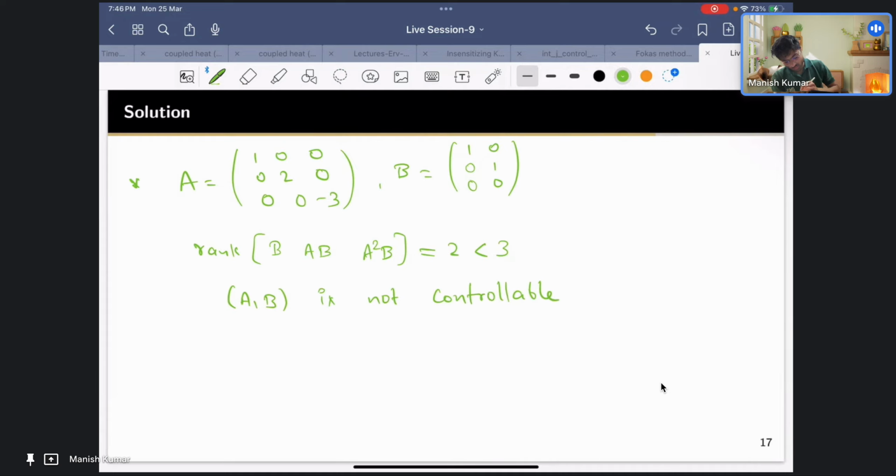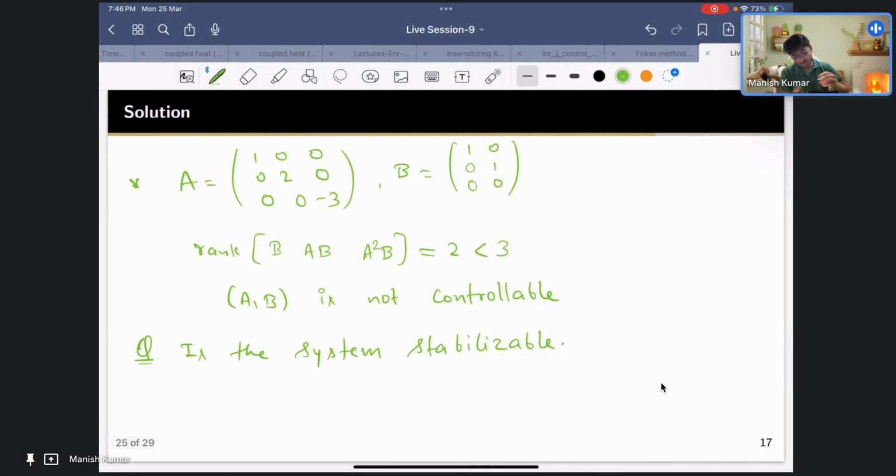But the question I am asking is, is the system stabilizable? I know it is not controllable.